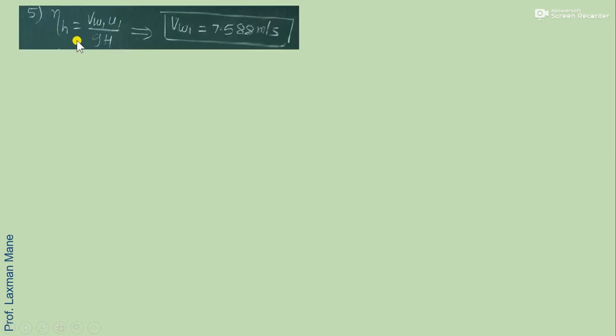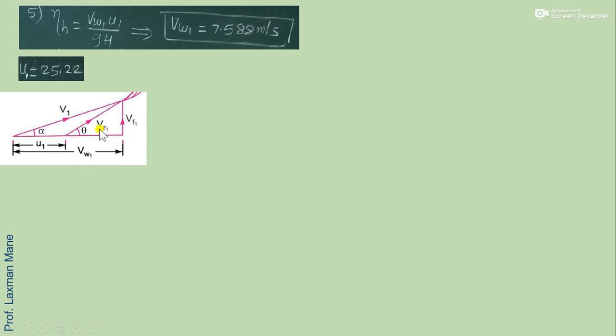Now using hydraulic efficiency, similar to the last two numericals, we can find Vw1. Now we have to compare. See, the value of Vw1 is 7.588 and the value of U1 is 25.22. Here is a change. This is a regular triangle in which the value of U1 is smaller than Vw1, but in this numerical the value of U1 is greater.